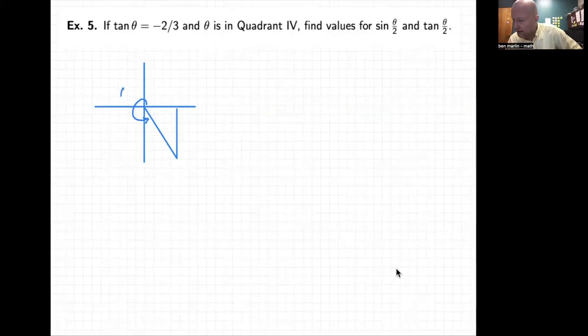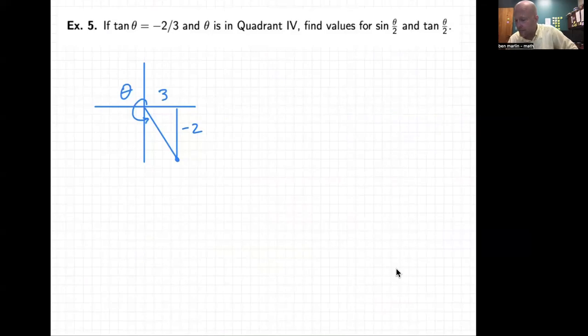So we're thinking about that as our theta, and we'll put a point that's out here, and we need to have tangent theta be negative 2/3. So since tangent is y over x, I'm going to make my y negative 2 and my x positive 3. Notice not drawn to scale.